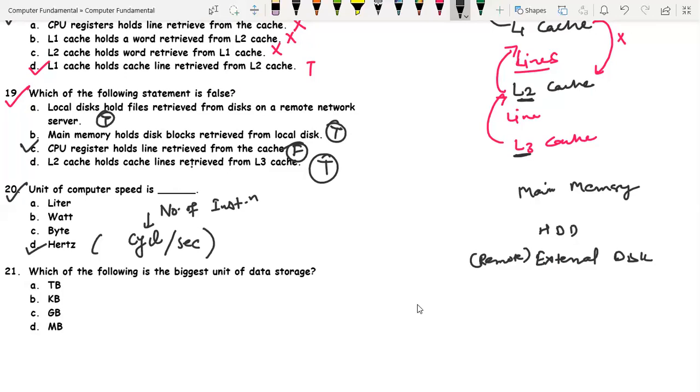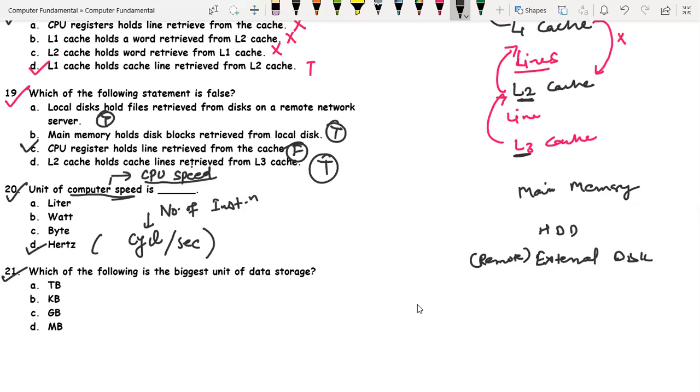When anybody says computer speed, he's actually talking about CPU speed by default. Otherwise, he says memory speed or IO speed or something like that. But if he's just saying computer speed, it means CPU speed. So the unit is hertz.